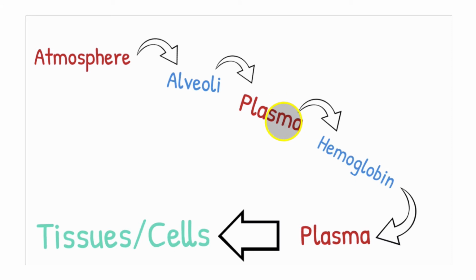Certainly, as I suggested previously, roughly 2% is going to remain in the blood plasma and travel to the tissues. Once we get to the tissues, that 2% of oxygen is going to leave the blood plasma and enter the tissues and the cells, which is the whole goal here. Once the blood plasma concentration of oxygen has decreased, oxygen will leave the hemoglobin molecule, the red blood cell, move into the plasma, and then directly into the tissues and cells.